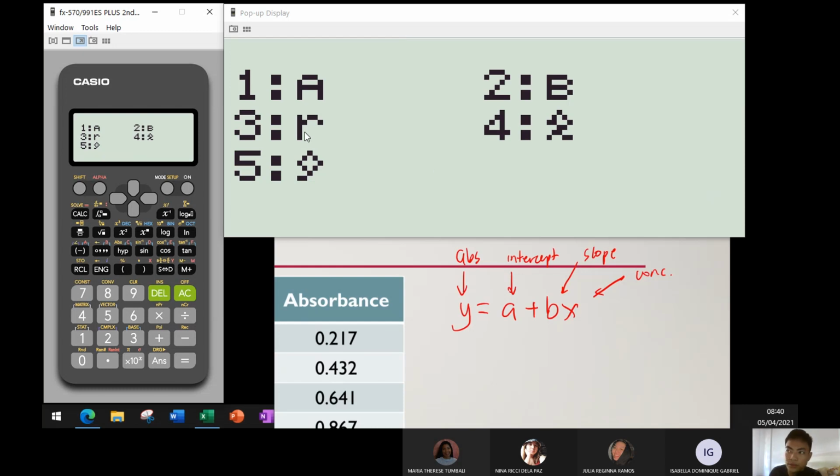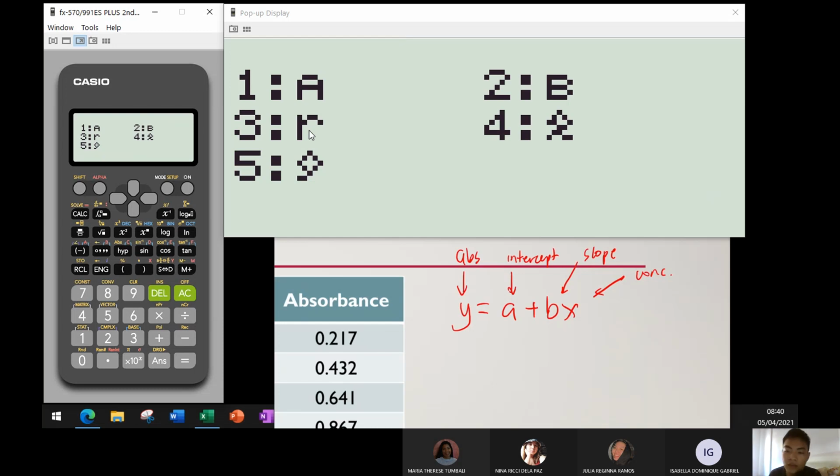Okay, so R, this is the Pearson correlation coefficient. Do you remember that? According to statistics, Pearson correlation coefficient tells you about the lineness, no? It tells you about the fitness of the curve in a line. So if that is equal to 1, ibig sabihin that's a straight line.